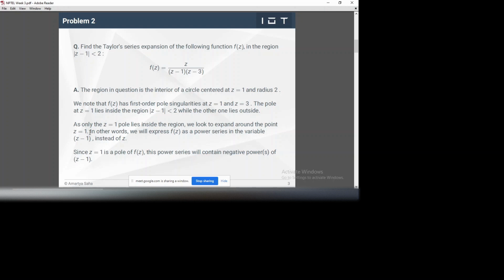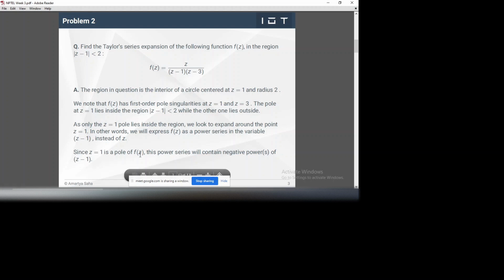It means that we will express f of z as a power series in the variable z minus 1 instead of z. When we expand in powers of z only, that is the power series centered around z equal to 0. But here we will have to find the power series centered around z equal to 1. That is why we will have a series in z minus 1.